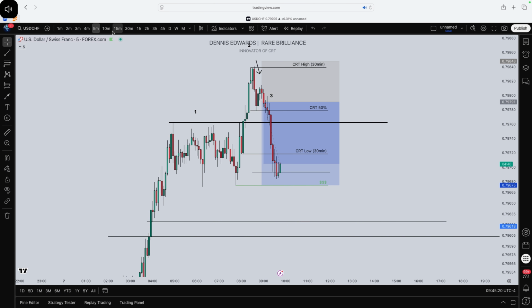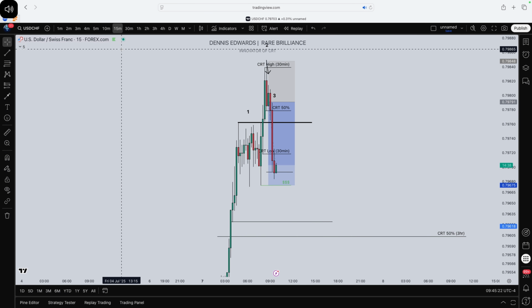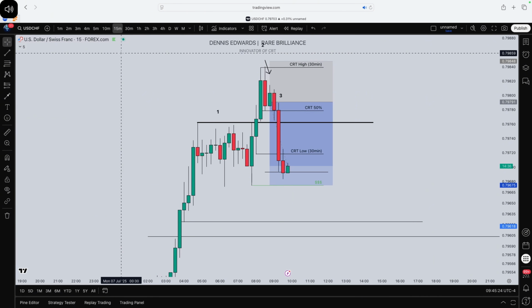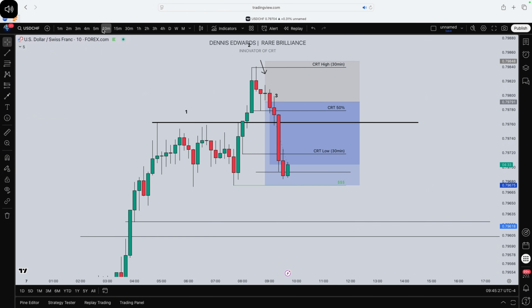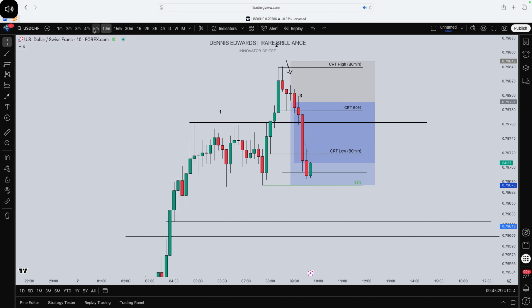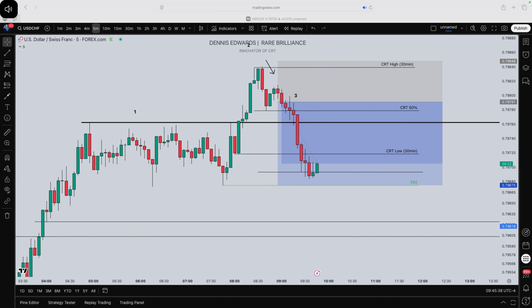So it might be even in my best interest to watch this from a higher time frame, because the move is happening on a higher time frame. Just keep watching and monitoring for now.